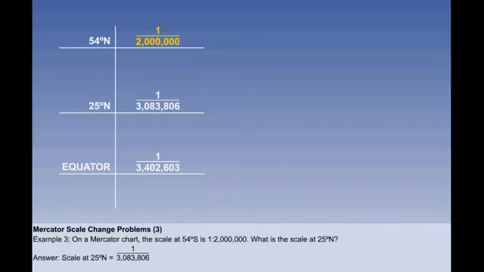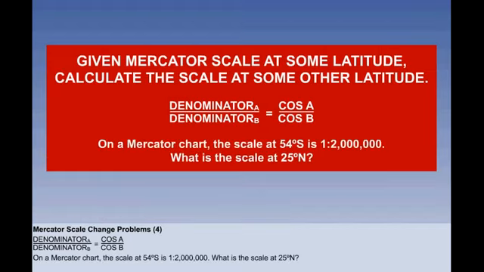Now we'll use the equation involving cosines and denominators. As before, the question is, on a Mercator chart, the scale at 54 south is 1 to 2 million. What is the scale at 25 north?